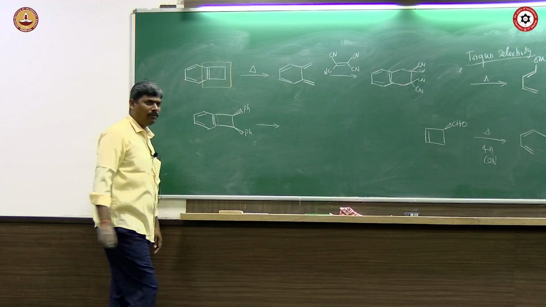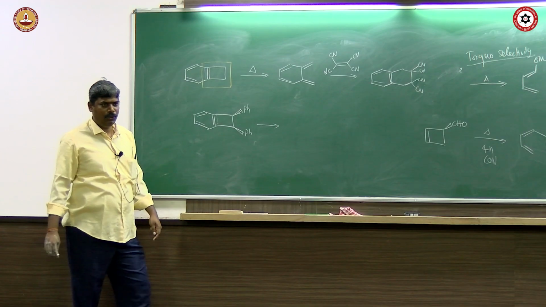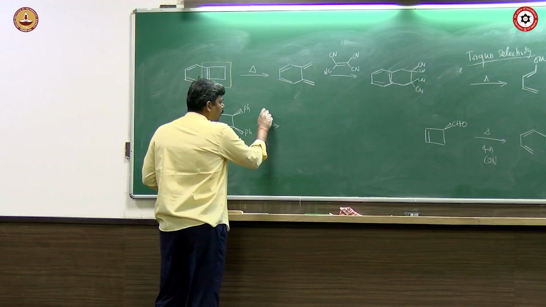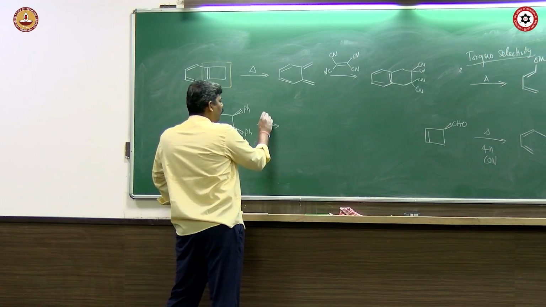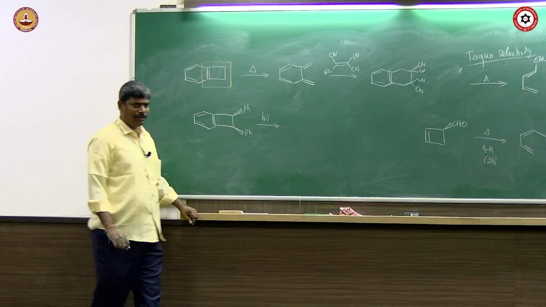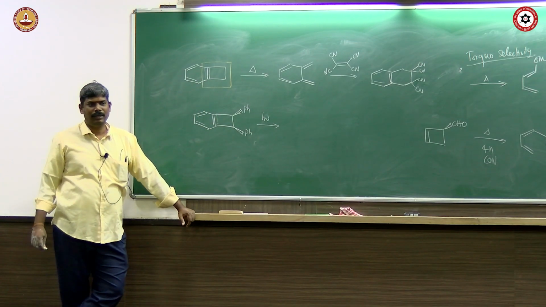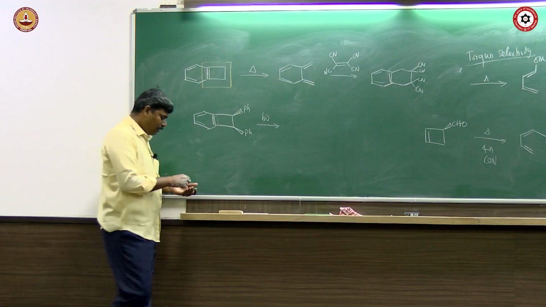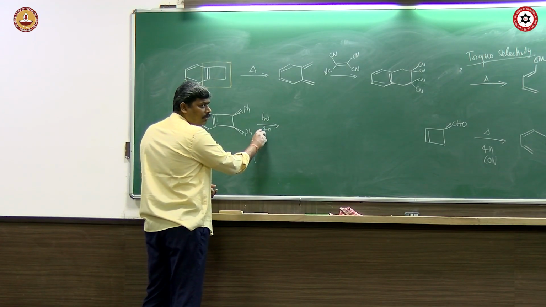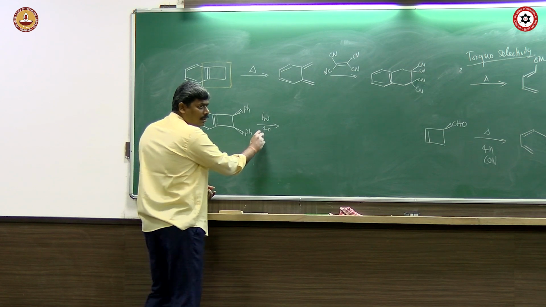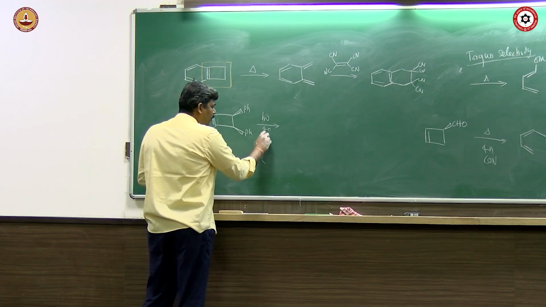Now tell me where it will go if I do a thermal reaction. Or do you want to have photochemical? No problem. Let's take a photochemical because we have not seen a photochemical reaction. So it has to be a 4n system, right? The mode of opening has to be this.